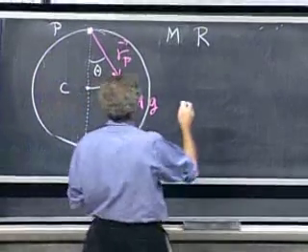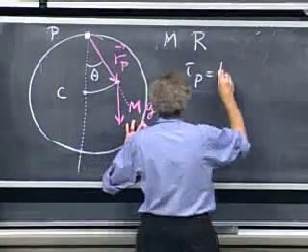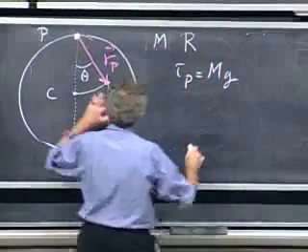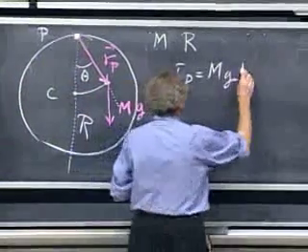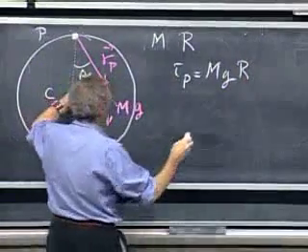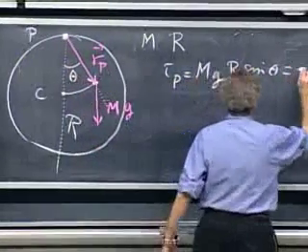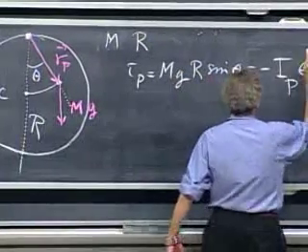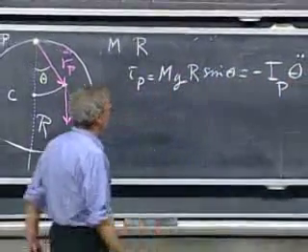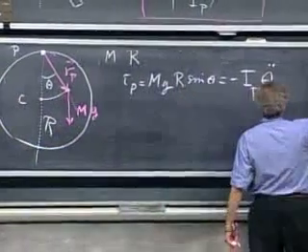I'm going to get that the torque about that point P equals mg, and I will fill in for this immediately the radius r times the sine of theta. And that must be equal minus the moment of inertia about point P times theta double dot. What is the moment of inertia about point P?